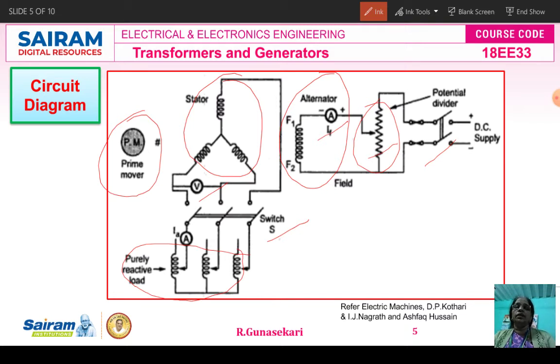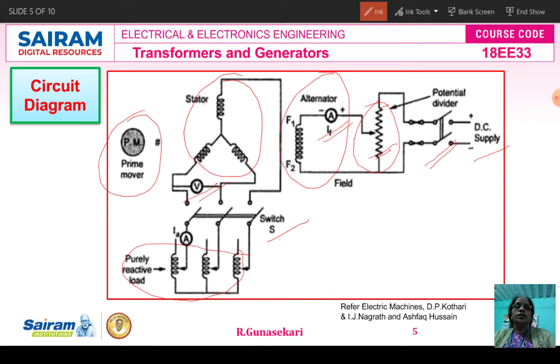How to conduct the first test, the open circuit test? I already explained in the previous lecture video. Once again I explain. First, DC supply is given to the field winding and then close the DPST switch. Then by varying the field rheostat from maximum position to minimum position, note down the corresponding field current IF and open circuit voltage per phase, VOC per phase, and then draw the open circuit characteristics.